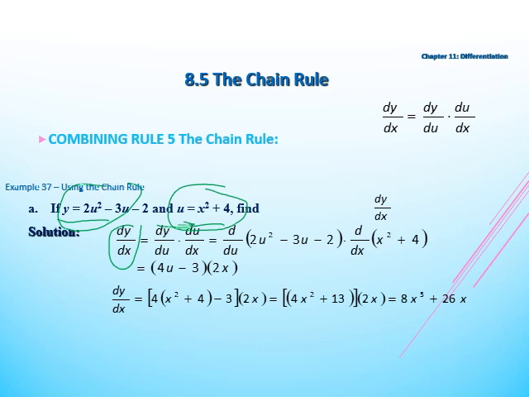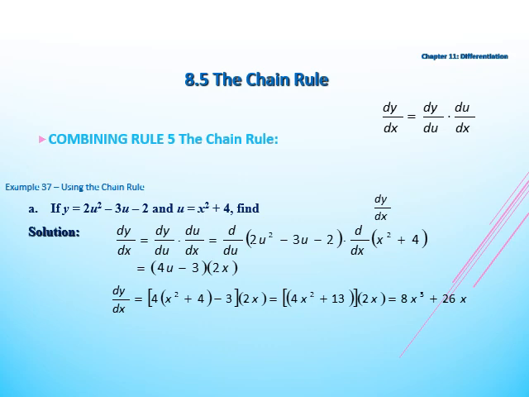Here, as in this example, note that if you have y equal to 2u to the power 3 minus 3u minus 2, here y is a function of u, and you have another one, u equal to x squared plus 4. I mean that u is a function of x.